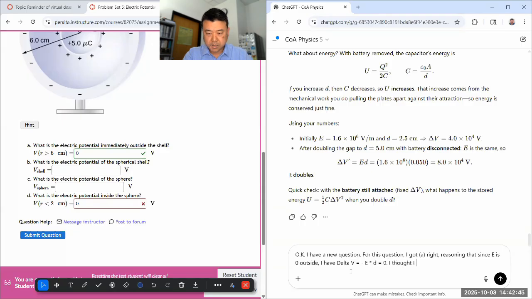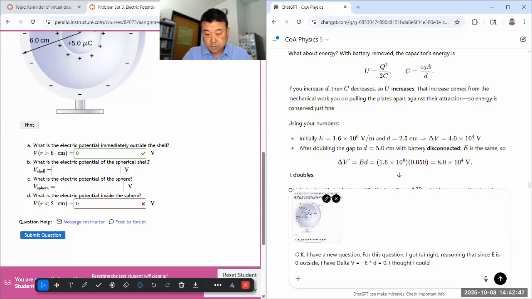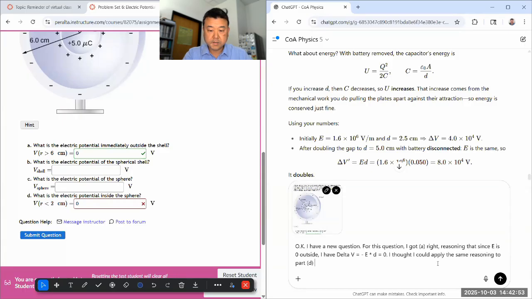I thought I could apply the same reasoning to part D, second screenshot attached, but it says it's wrong. What am I doing wrong?